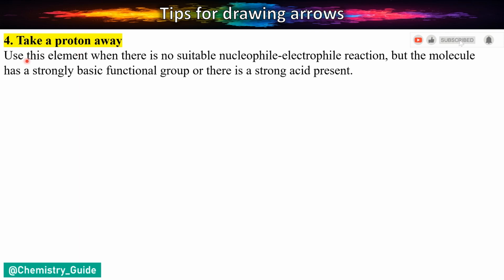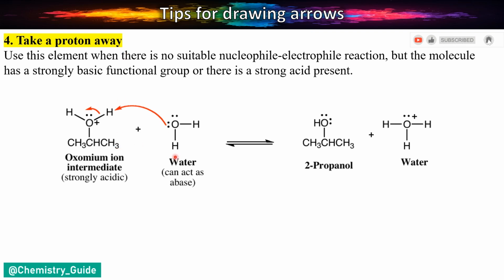So the fourth tip is to take a proton away. In acidic medium we have to add the proton, and when there is a basic medium we have to remove the proton. In this case the oxonium intermediate has an extra proton.